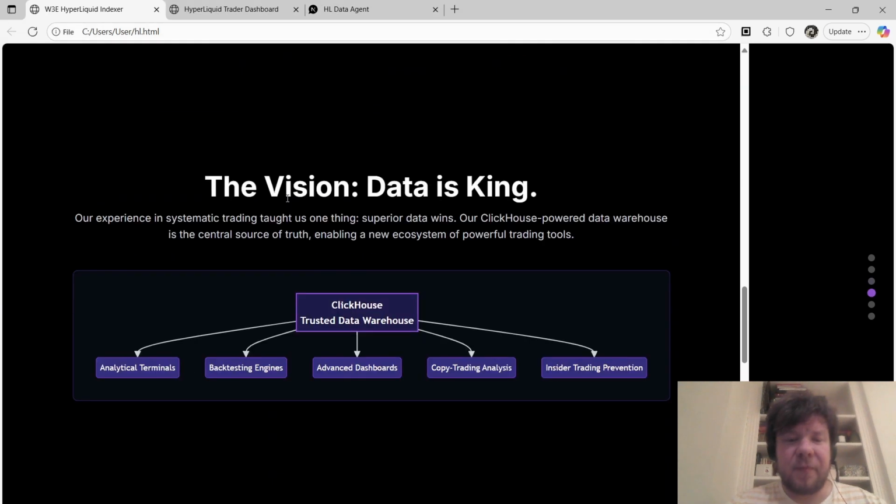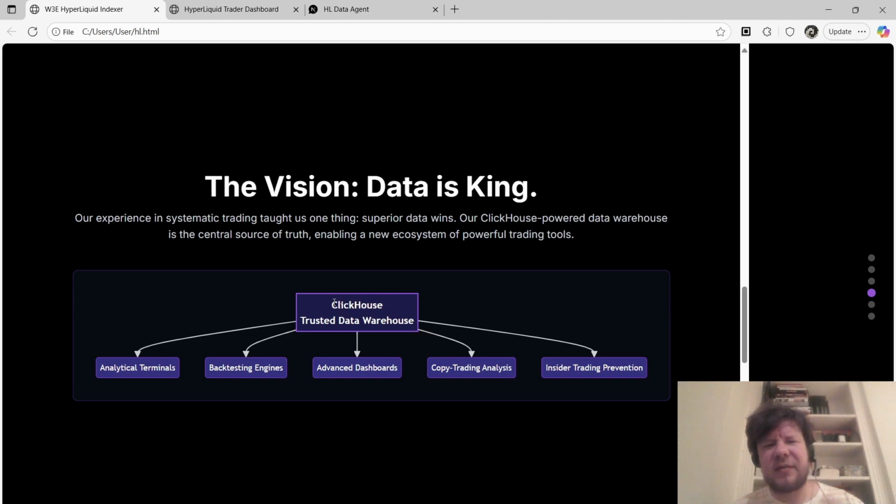This is the vision of our product. Data is the heart of everything: raw SQL access to ClickHouse. On top of that, we envision that companies and startups can talk to us, get this access via SQL, and build dashboards, backtesting tools, trading strategies, sub-real-time analytical tools, insider trading prevention tools, whatever.